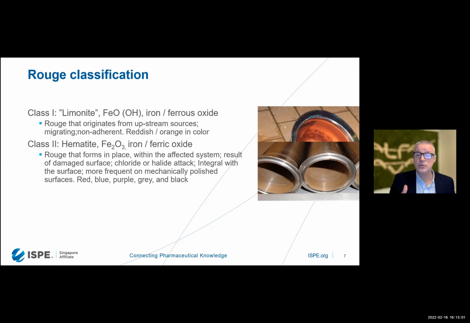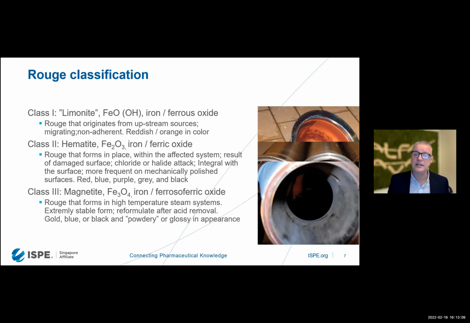What I probably also should say is that class 1 and class 2 rouge are quite easy to remove from the surface, which unfortunately is not the case with class 3 rouge, also called magnetite. This magnetite is Fe3O4, sometimes also called ferric oxide.